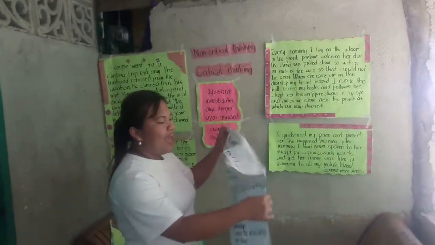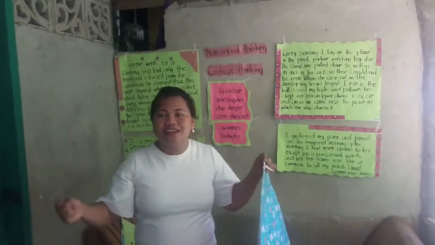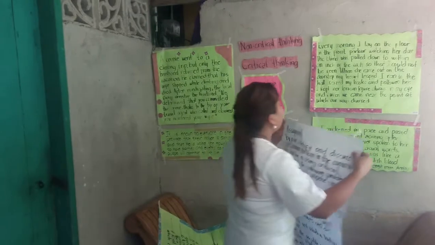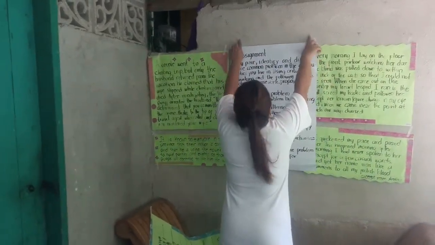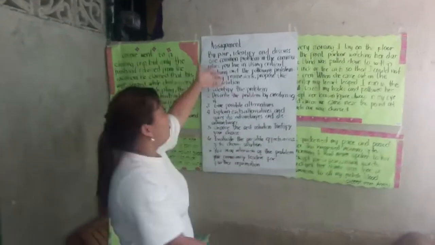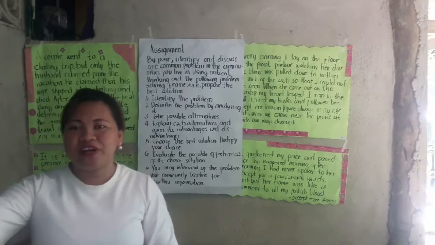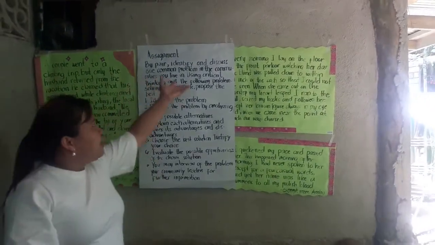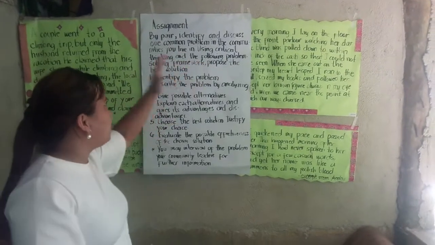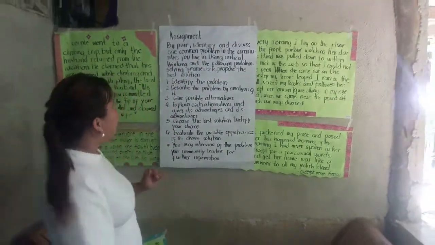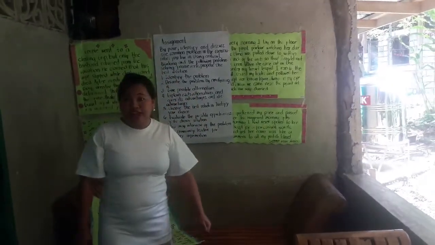But before I'm going to end my discussion, are there any questions, clarifications? Okay, perfect. We have already understood our discussion. So here is the assignment. By pair, you're going to choose your seatmates or anybody from your class, and identify and discuss one common problem in the communities you live in. So using critical thinking and the following problem-solving framework, propose the best solution.